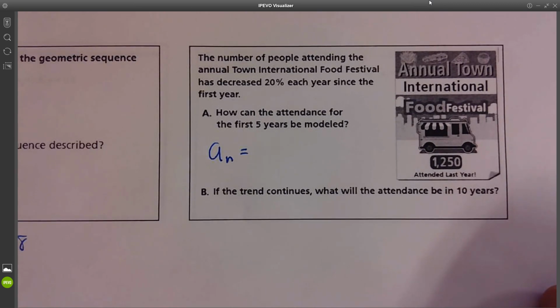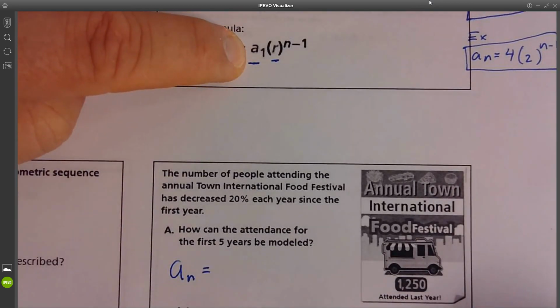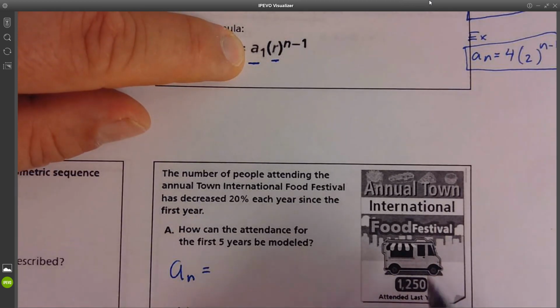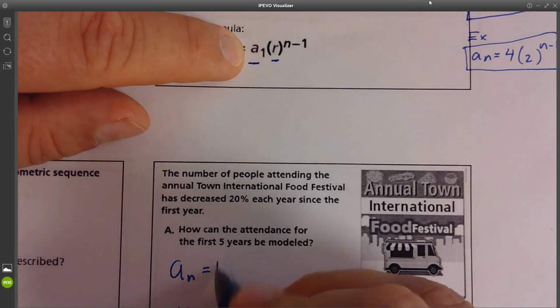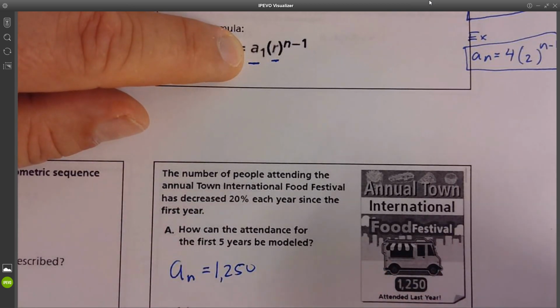And our formula says, where do we start? Okay, if I go up here, my formula says, where do we start? What's our first year? 1,250. So it's over here in our poster, 1,250. And then what's our rate? If it's decreasing 20%, how much are we keeping? 80%.